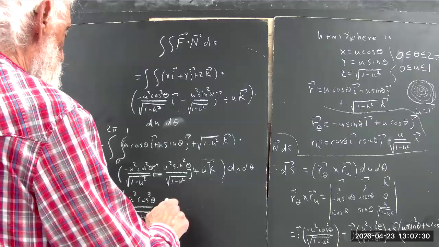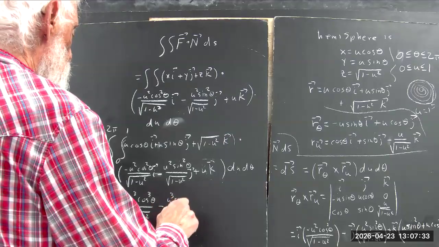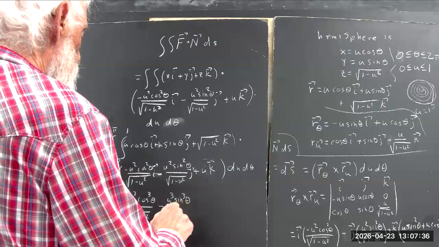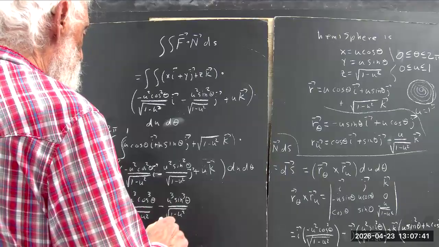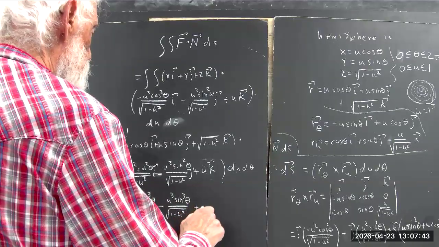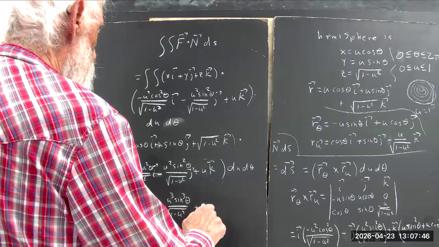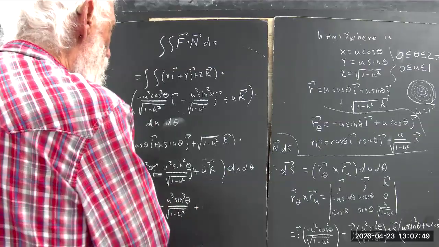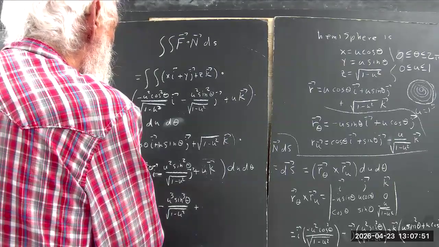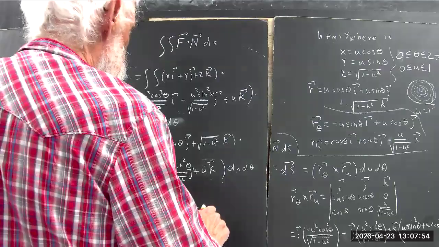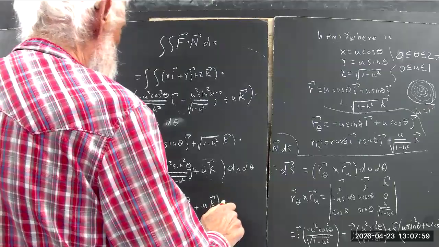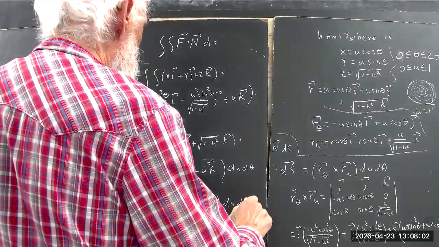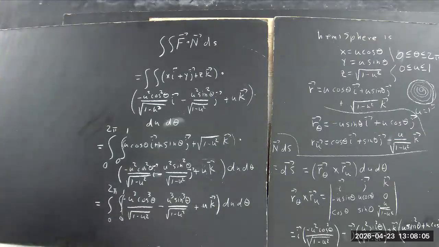And then minus u cubed sine cubed theta over the square root of 1 minus u squared, plus uk. That's du d theta.